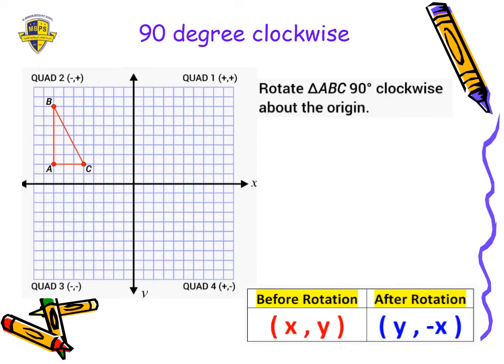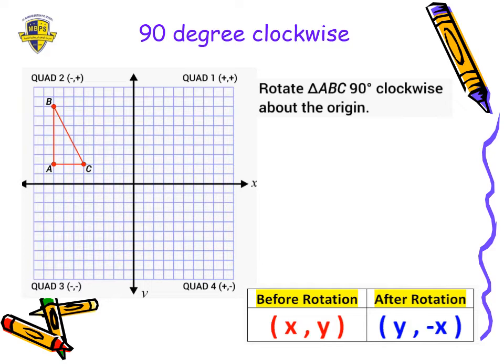And here we have another example, and I need your help to solve it together. We have this triangle in the second quadrant, and its corners A, B, C. We want to rotate this triangle 90 degrees clockwise about the origin.